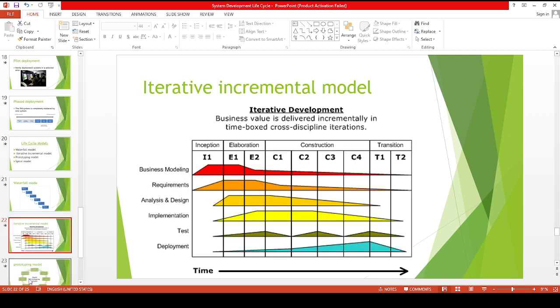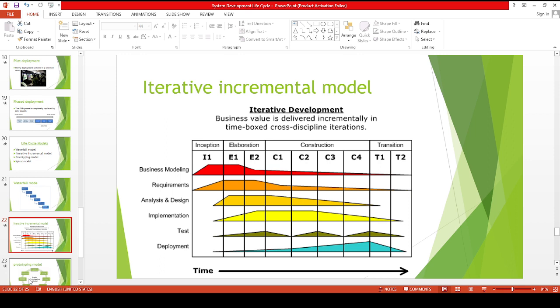Let's go. Iterative incremental model. You also know this from the first lesson of our grade 11. It is a repetition that happens cyclically, but a restart can't happen next.